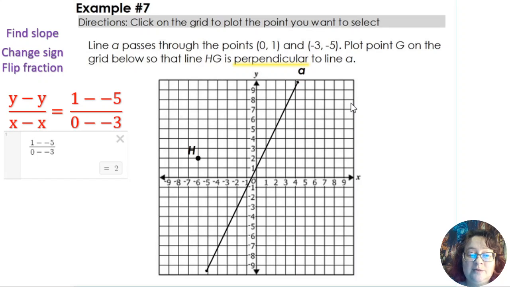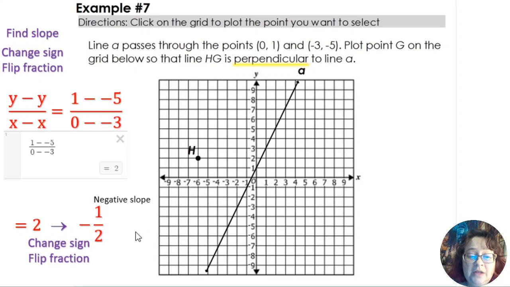Desmos gives me a +2. So, I want perpendicular, which means I'm going to change the sign and flip the fraction. So, my +2 becomes a -1/2. From here, traveling with slope, I know I have a negative slope.